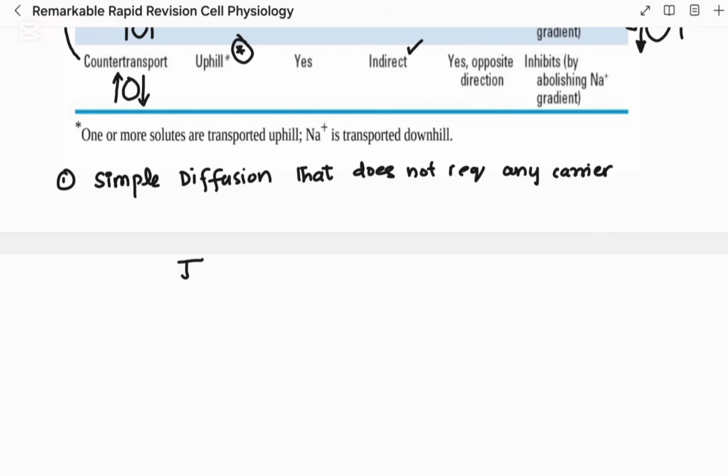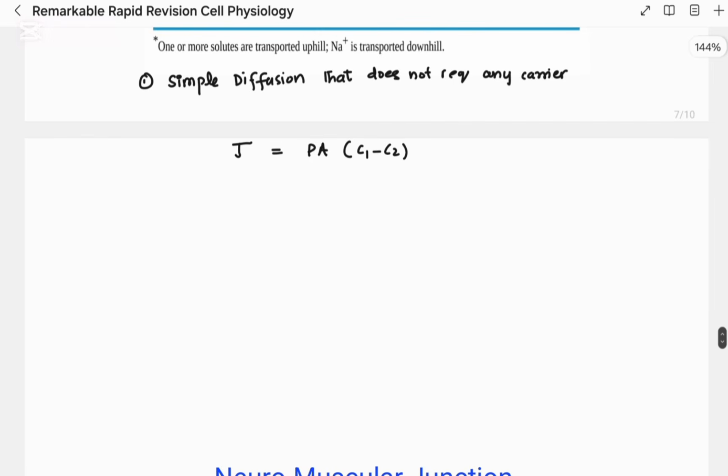So basically this is diffusion, and diffusion is equal to PA(C1 minus C2). This C1 minus C2 is the concentration gradient. So it means that diffusion is directly proportional to the concentration gradient. This A right here is for area, so diffusion is directly proportional to the area as well, and P stands for permeability.